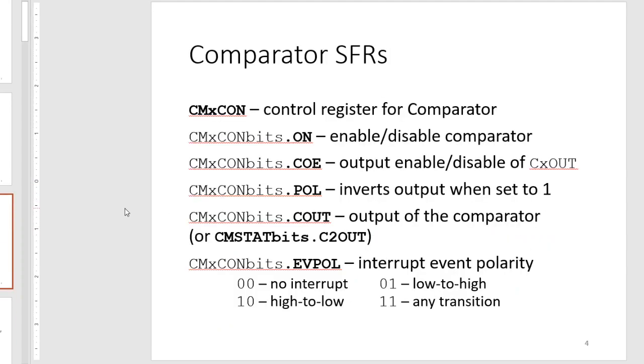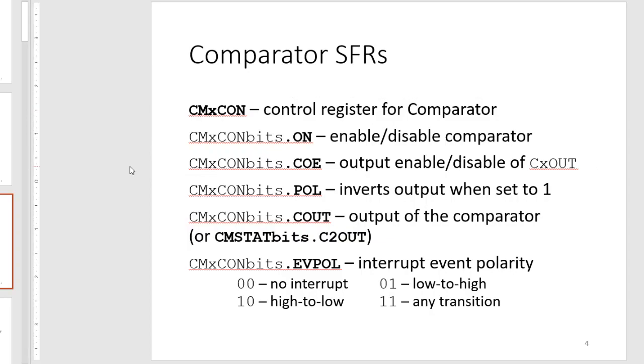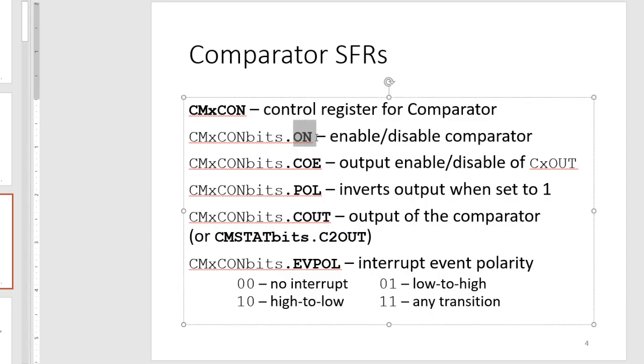So the comparator SFRs, we only have one control register. We replace this X with either 1 or 2 if we want to use comparator 1 or 2. We have an ON bit that enables or disables our comparator, and an output enable bit which enables or disables the external output.